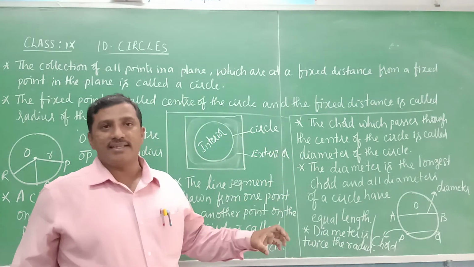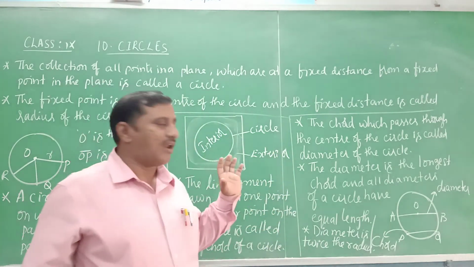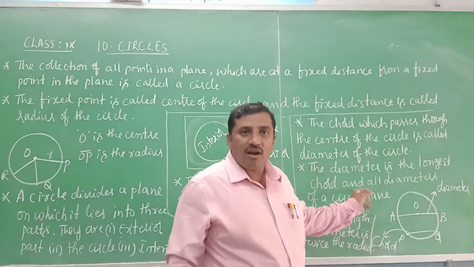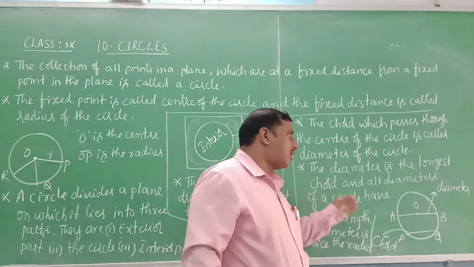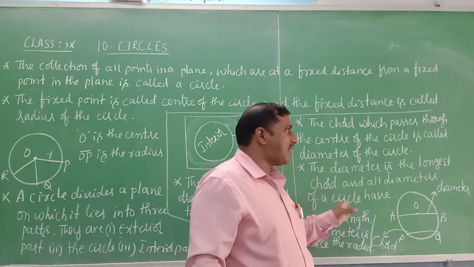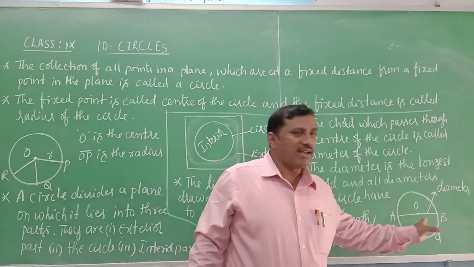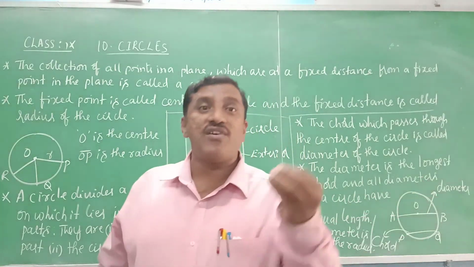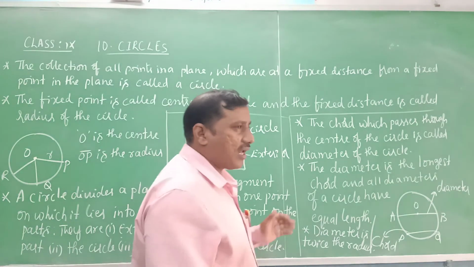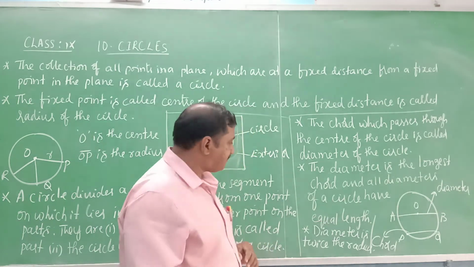It means its length is the longest. So diameter is nothing but the longest chord of the circle, or the chord which passes through the center of the circle is known as the diameter. So even in the circle we can draw infinite diameters, or infinite chords we can draw.